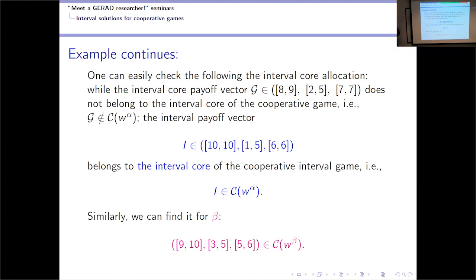This I understand, but you are not able to write the core of W alpha as the set of this and that. No, because we are looking for an extreme point of the polytope. Okay. Yeah.